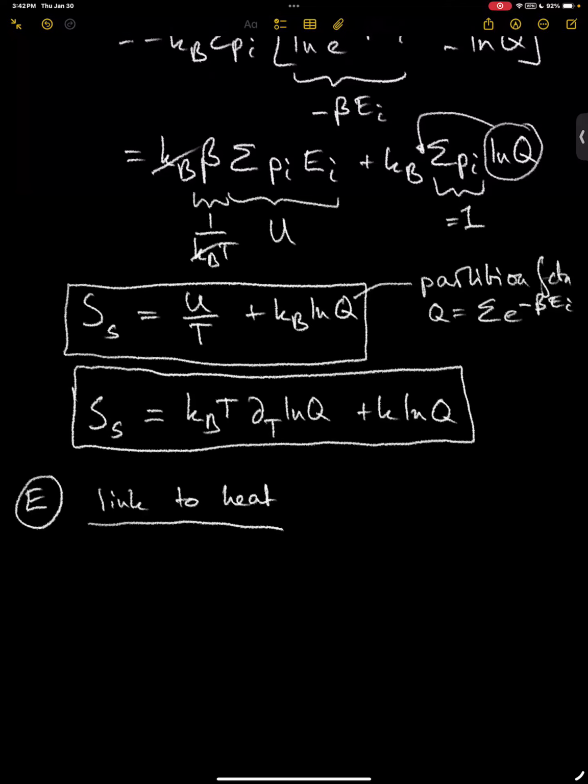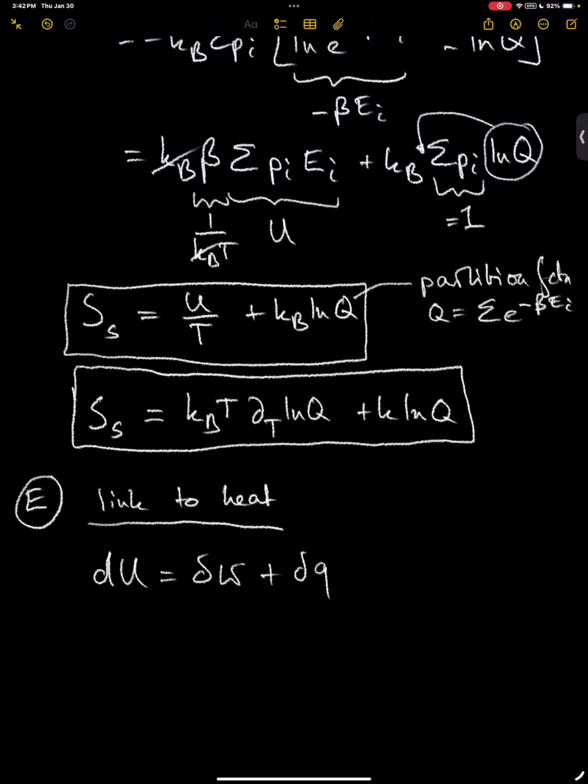All right, so what's the link to heat? We want to vary dU, because that's the change in work and the change in q.